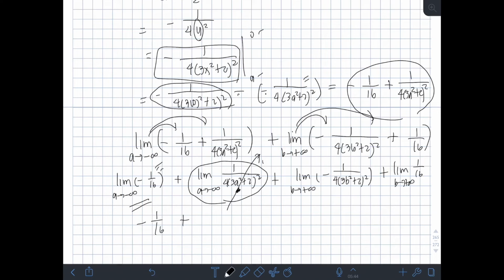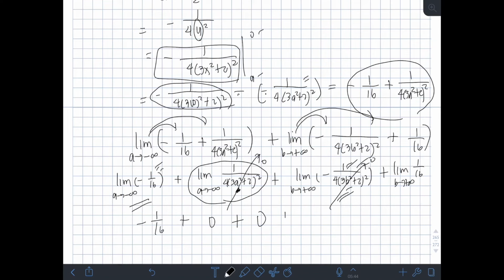So, therefore, the limit of this is 0. Okay? Plus, doing the same analogy for the limit as b approaches positive infinity. It's the same expression, right? So, when b approaches positive infinity, the denominator also gets larger and larger. So, 1 over a large denominator approaches 0 as well. So, the value of our limit here is also 0.